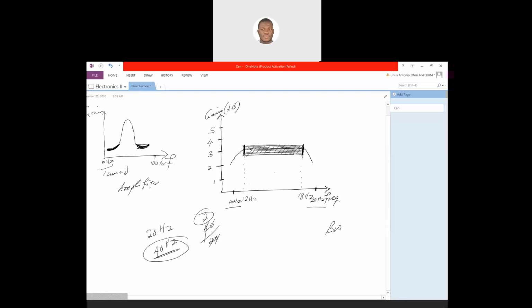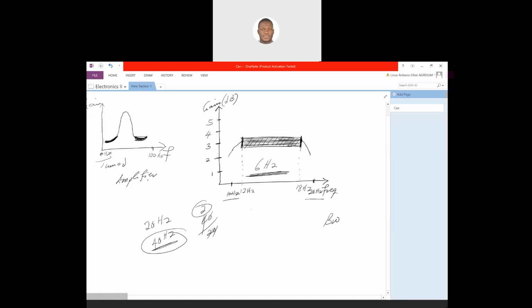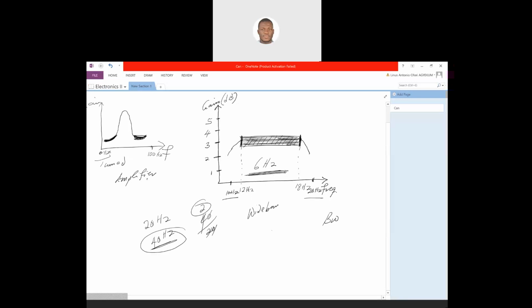It means that within a bandwidth of 6 hertz out of 10, there is amplification and the gain is constant. That is why it is termed a wideband amplifier. Do you understand?